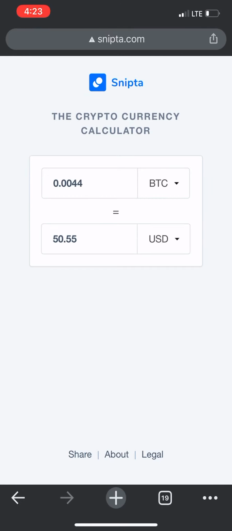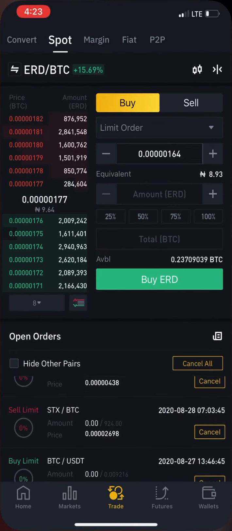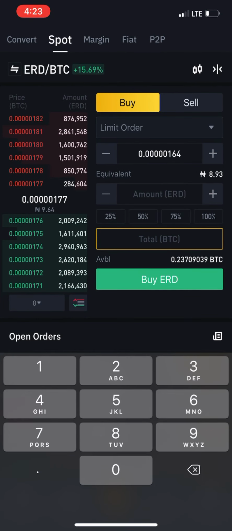So now let's say this 0.0044 BTC is what we are going to be using to trade. All you have to do is come here, where they write total BTC. Are you getting my point? If you type 0.0044, you can see that the middle column will fill itself.